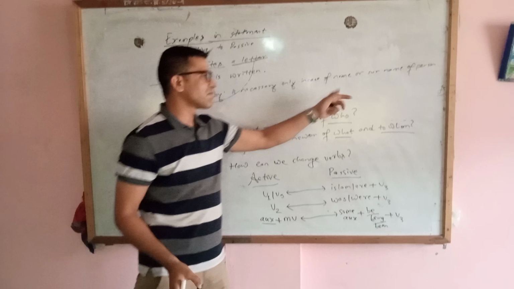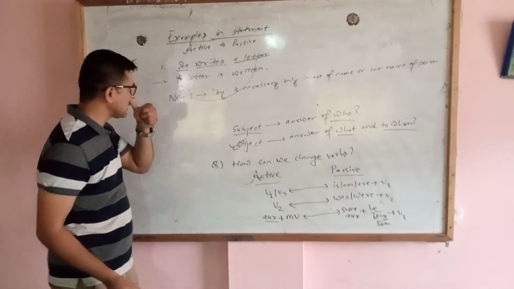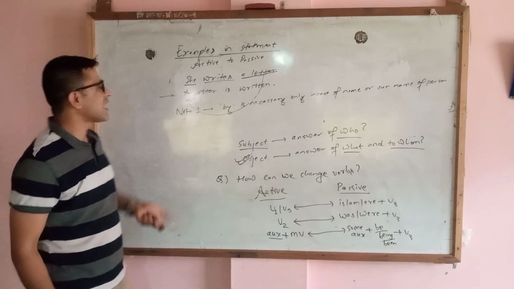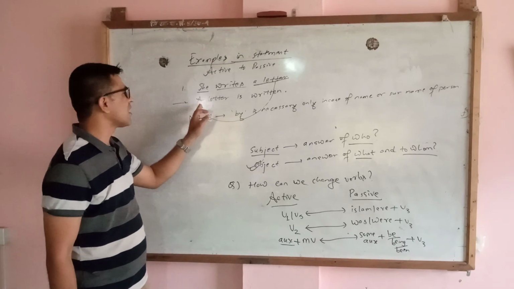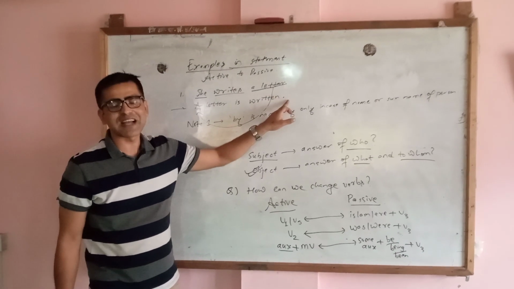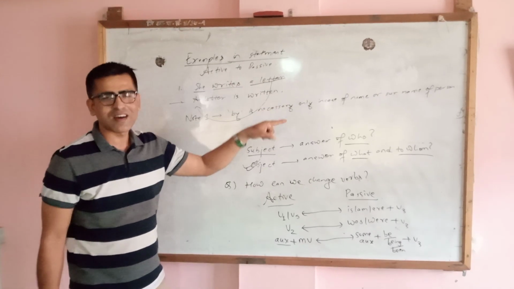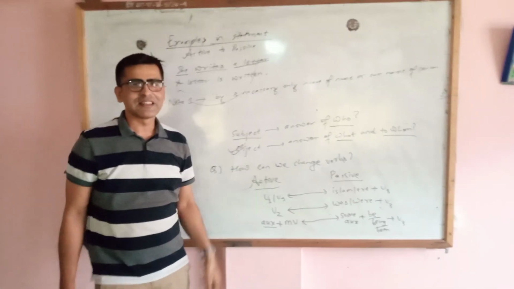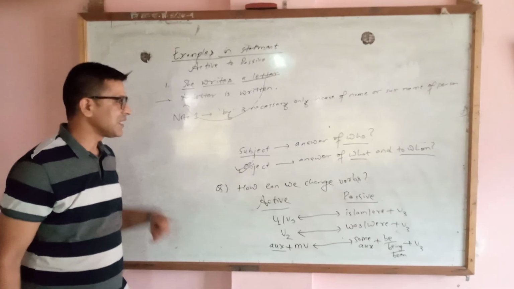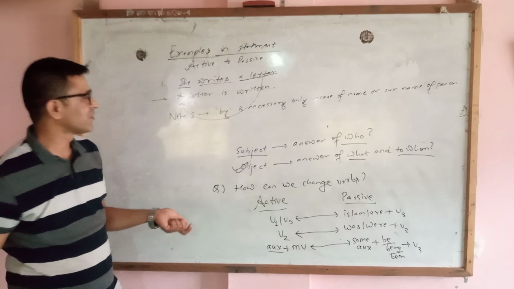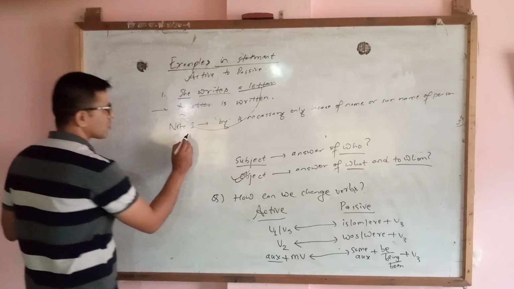If there is Devkota, by Devkota. But in other cases, we don't have to write by. Here as well, if you want to write by, no problem. A letter is written by her, not by she. She is changed into her, he is changed into him, they is changed into them, and like that we have to do it. We into us, I into me. Okay, this is note number 1.